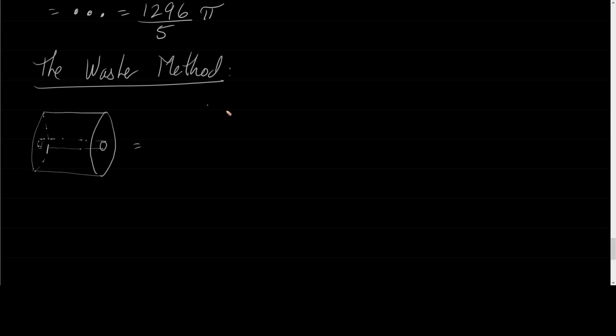Well, you would say that this is essentially the outer cylinder, so something like this, this outer cylinder minus that small cylinder. The outer cylinder minus the smaller cylinder would give me that volume.